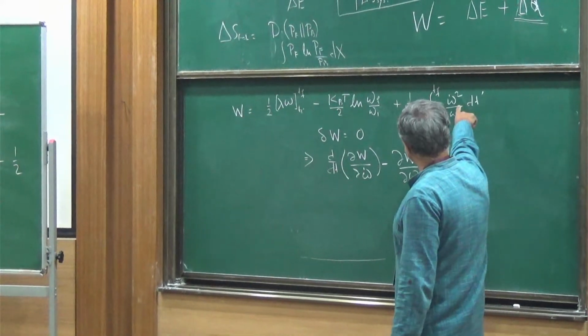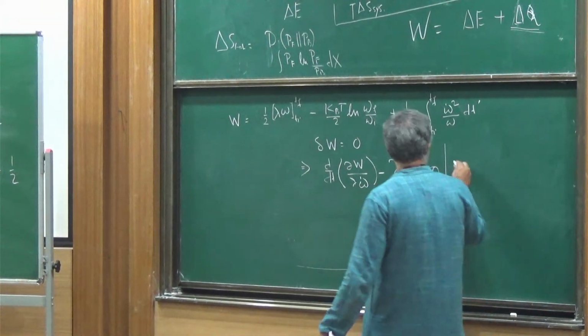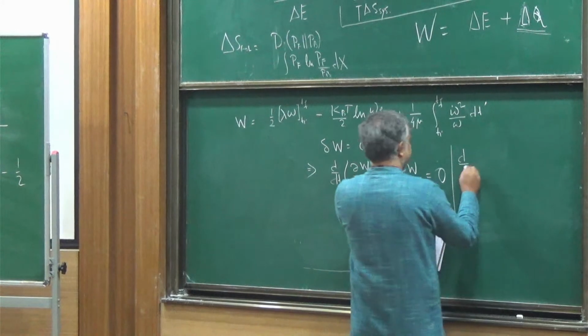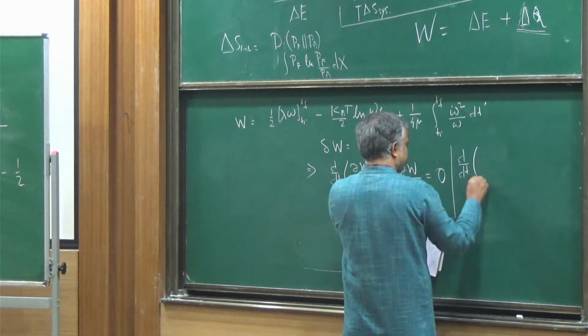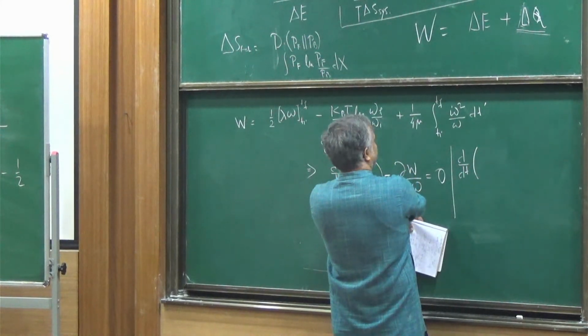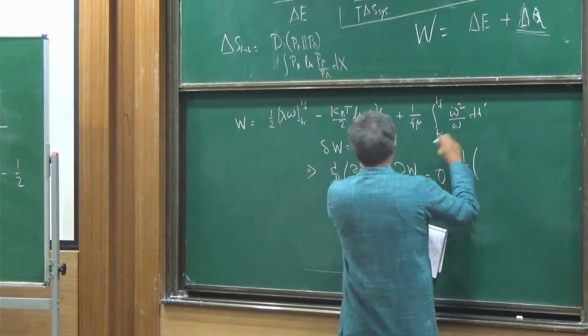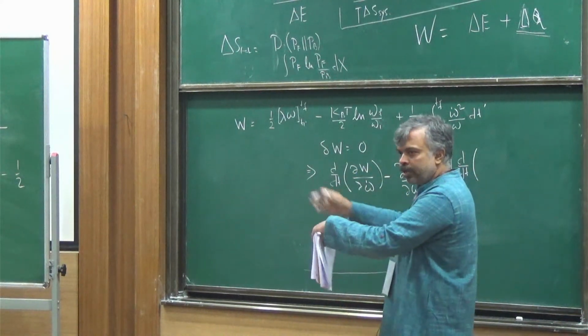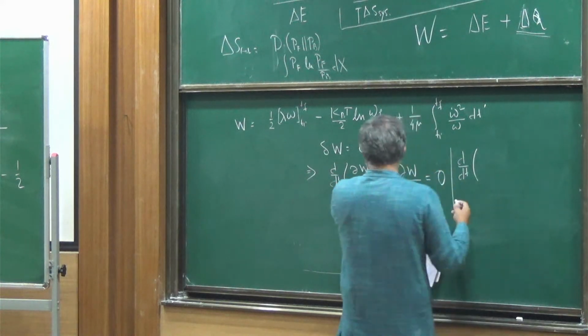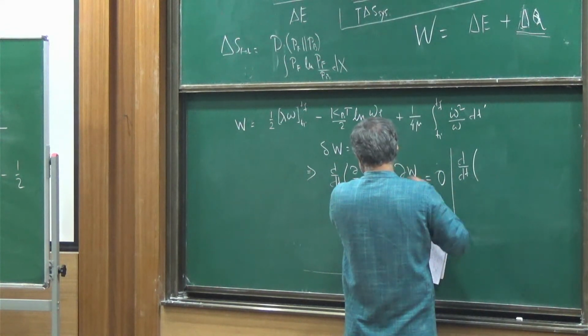So only omega dot is coming here. del W by del omega dot: as you know, omega dot and omega are independent variables, as in Lagrangians.